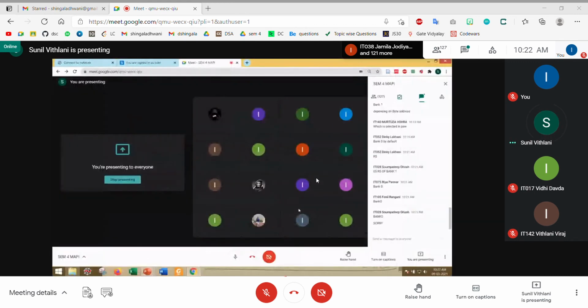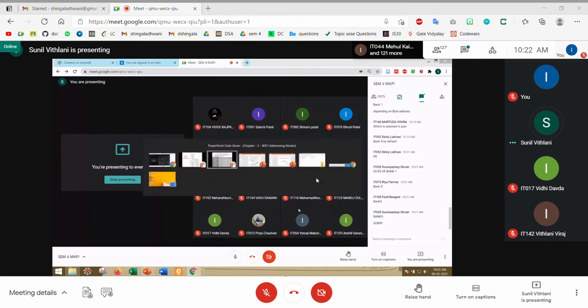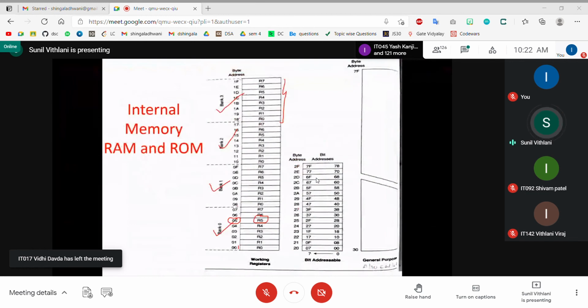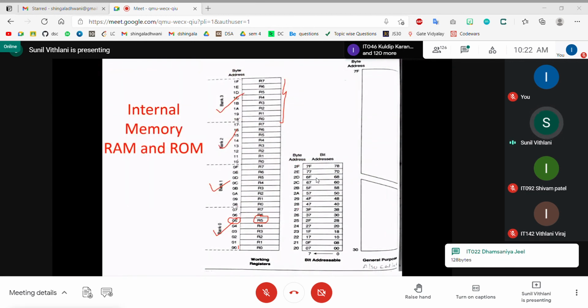Now, what is the size of RAM that we can use? Internal RAM की size क्या है? What is the size of RAM, internal RAM in our controller? कंट्रोलर है उसमें रैम जो है उसकी साइज क्या है? Based on this diagram you can answer that question.